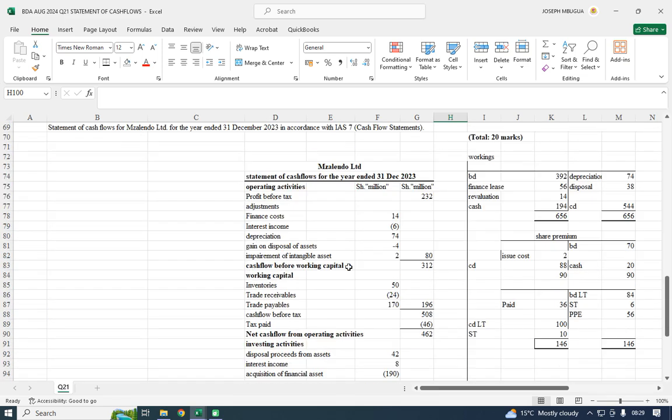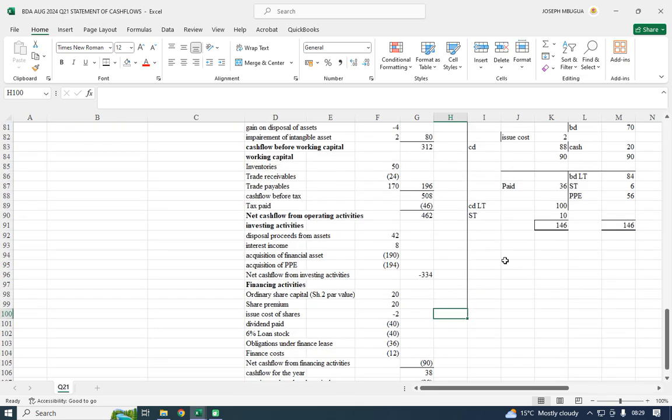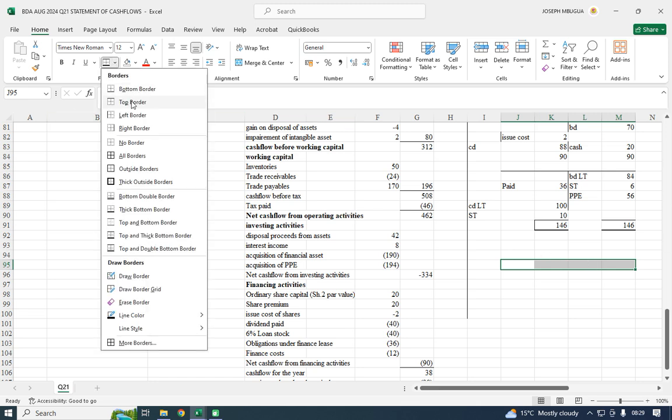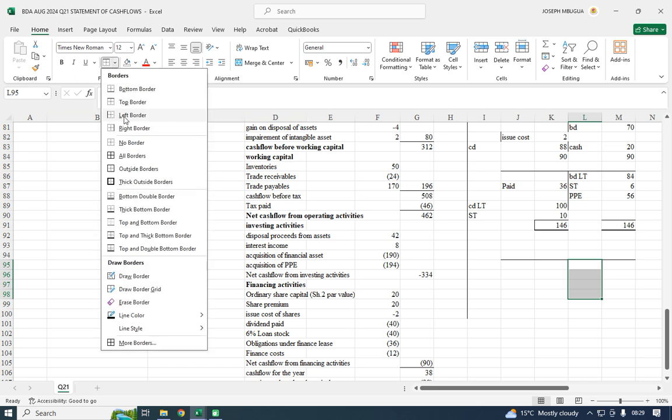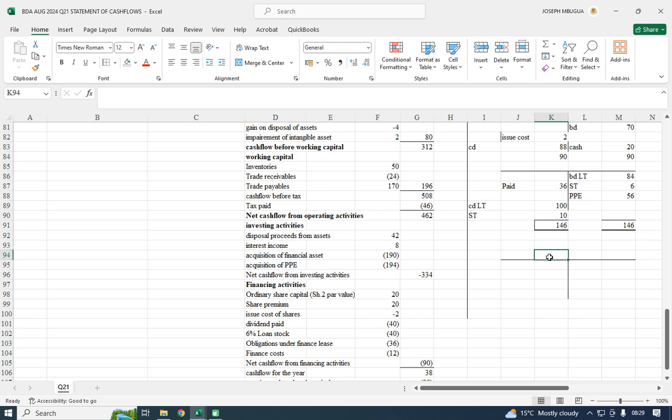So if I can take these just for illustration purposes, you'll find that there are some values that are missing here for the retained profit.